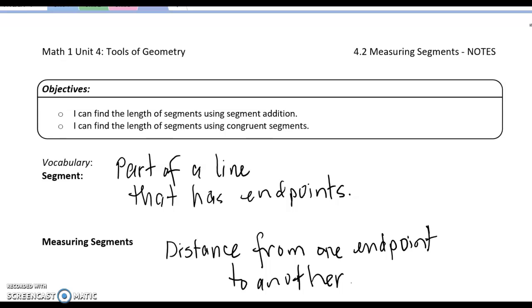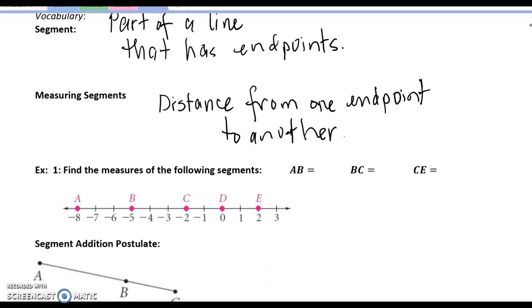And another way that you can find the measurement of a segment is by adding the segments that make up that bigger segment. For example, we want to find the length of A to B. If we look at the number line where we see points A and B, and ignore the fact that they are on the negative parts of that number line, we see that the distance from A to B is made up of 3 smaller segments.